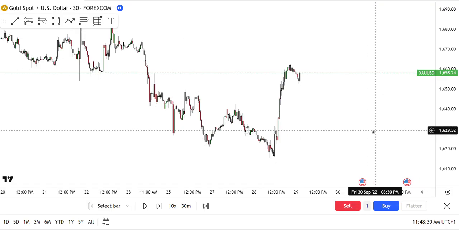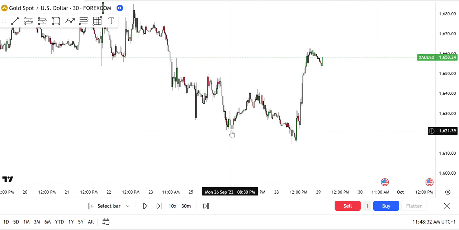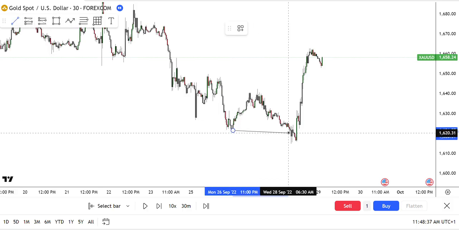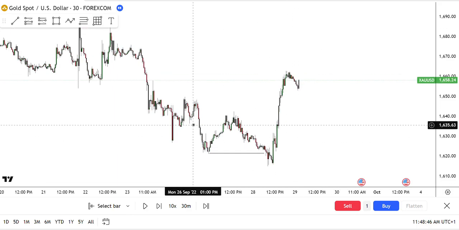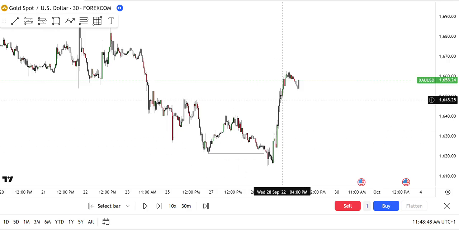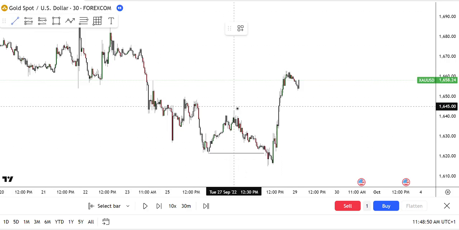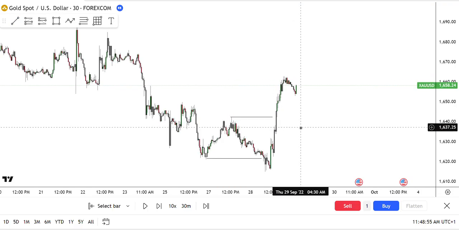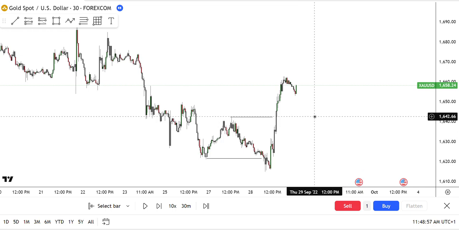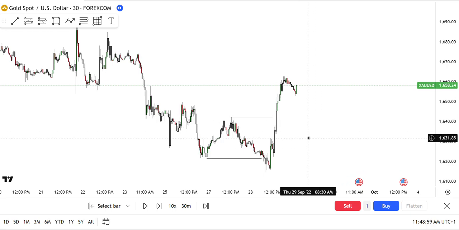this would be the low that was there previously, and then we took out that low. And then we have a high here, and from there we took out this high. So we begin to feel like we might be bullish, but then we need to confirm how bullish we are.